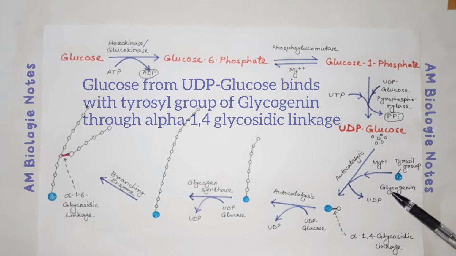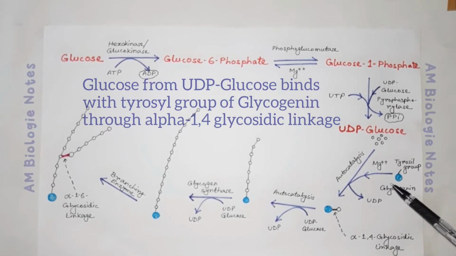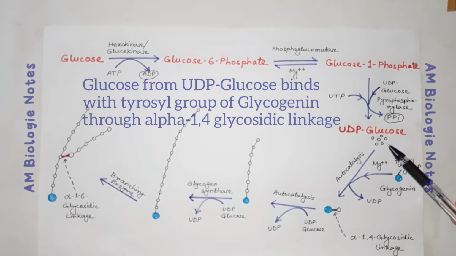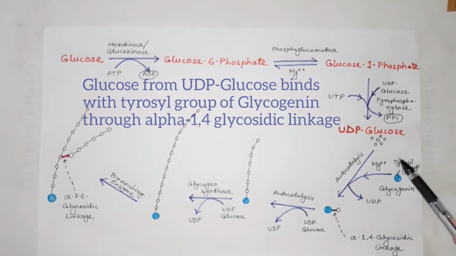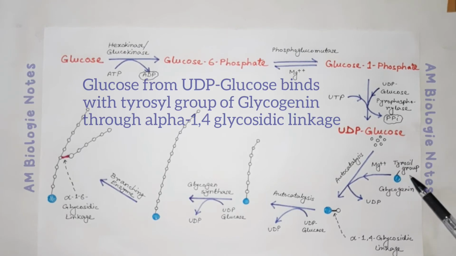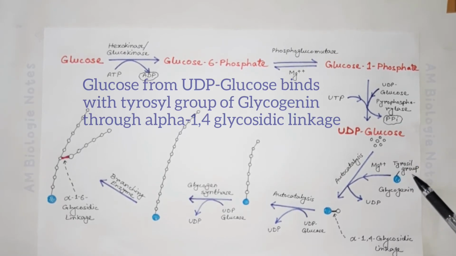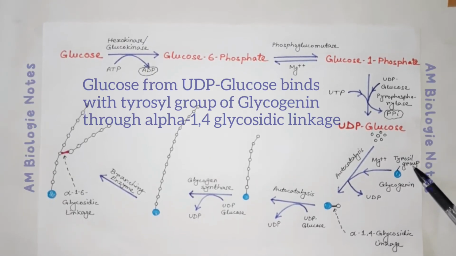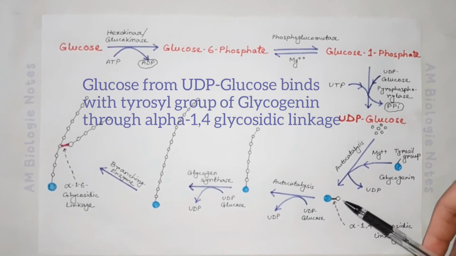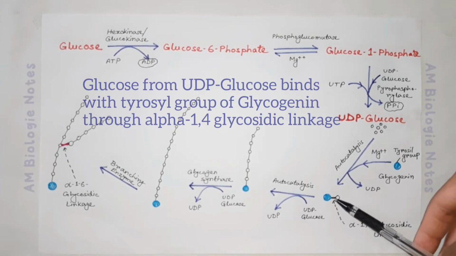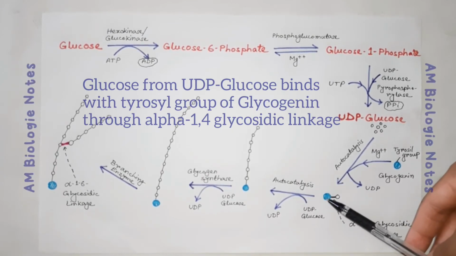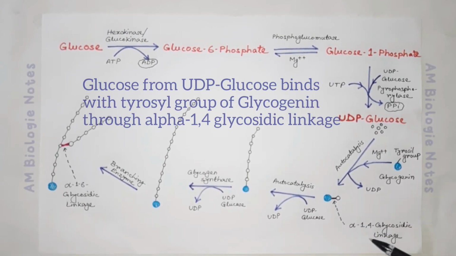The glycosyl residue at the C1 position of UDP glucose is added to a tyrosyl group located at position 194 of the enzyme glycogenin. UDP is released and an alpha 1,4 glycosidic linkage is formed between glycogenin and the glucose molecule.